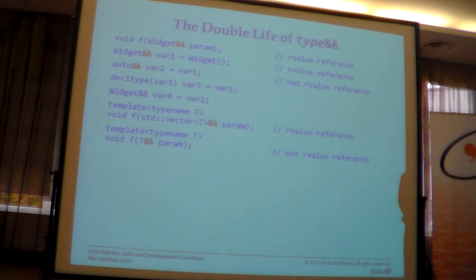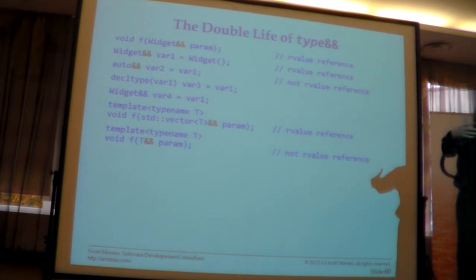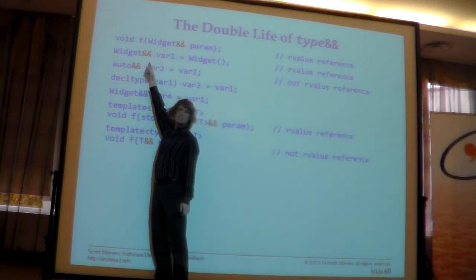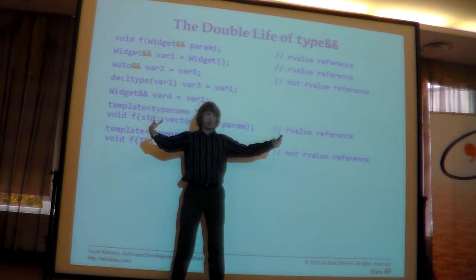If you give decltype a name, it will give you the exact declared type of the name. The only place we saw where the reference was removed was on template type deduction. Decltype, if you give it a name, will tell you exactly what the type of the name is. In this particular case, var1 is a Widget&&. So decltype of var1 will be Widget&&.